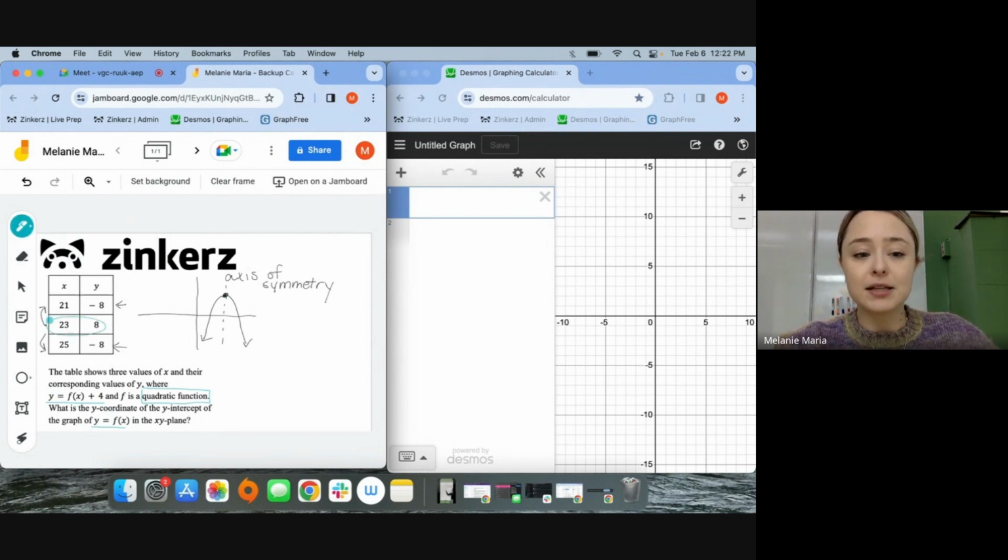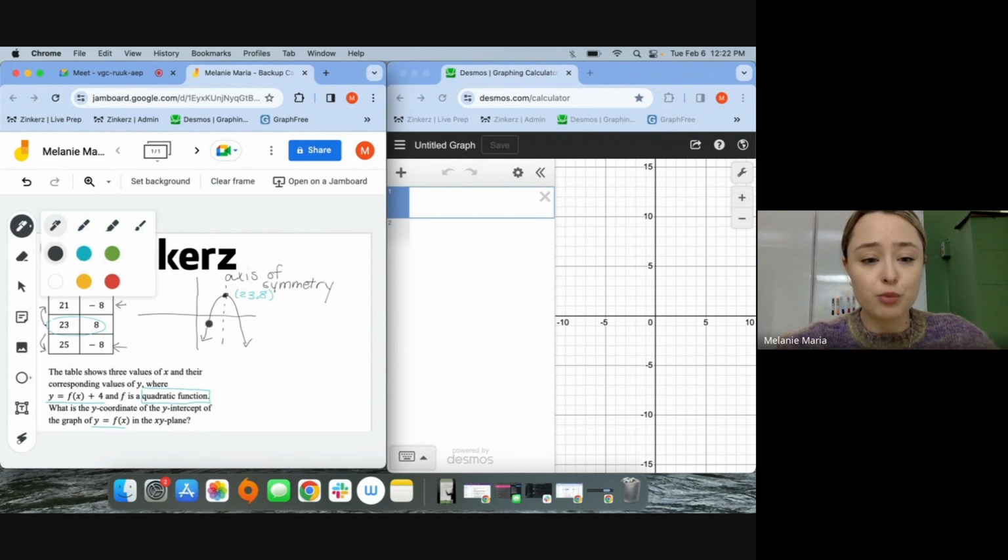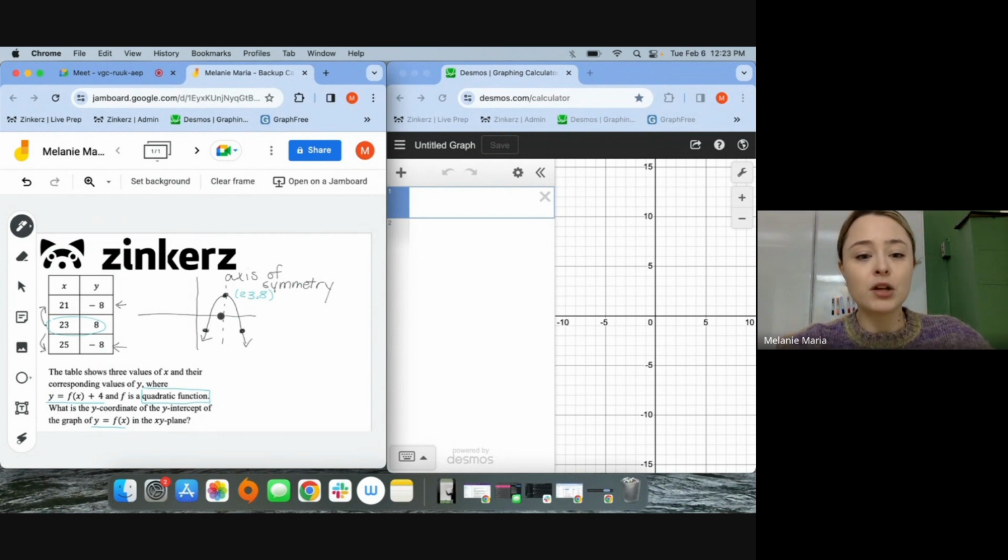And what that means is that 23, 8 is our vertex point. So if I were to give you a sketch of what these other 2 points look like, maybe I have 21, -8 down here, and 25, -8 down here. That gives me a picture. And this also tells us that the parabola might open downward. These coordinates give us that hint.